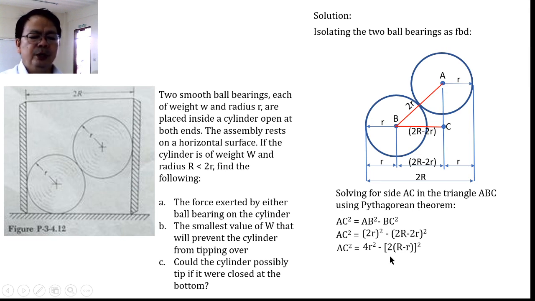And if this will be expanded further, therefore this term will become equal to 4 times R square minus 2RR plus small r square.